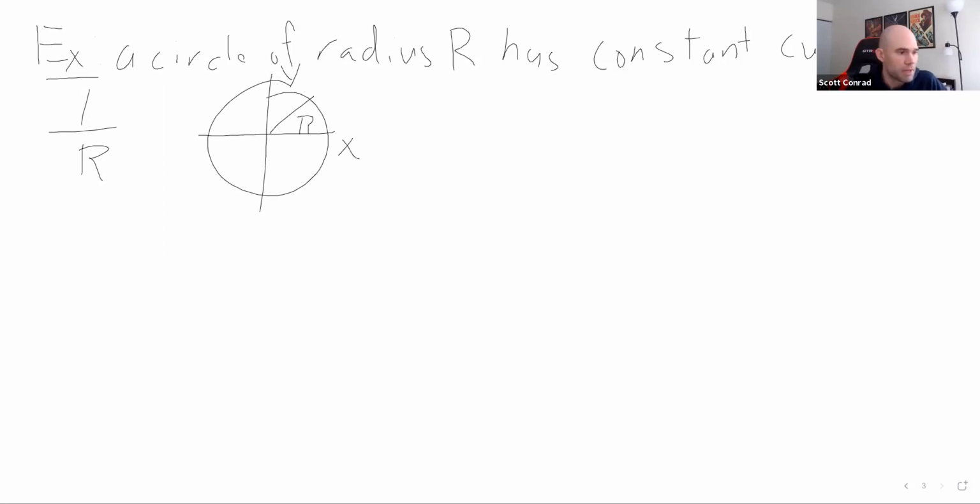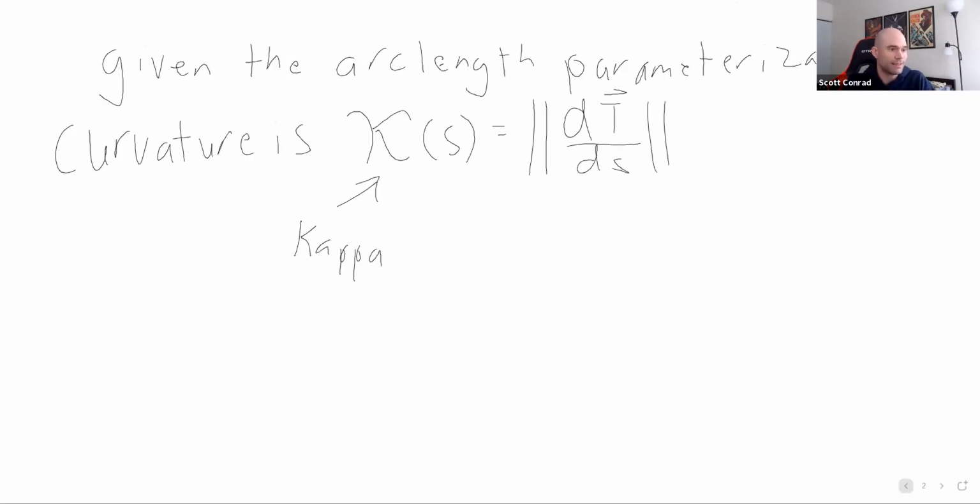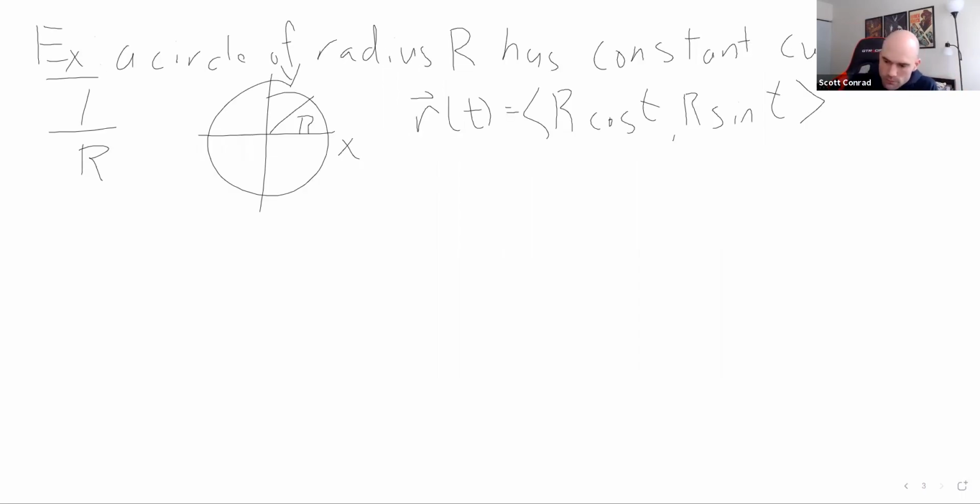We're going to do this in the plane. So we can parameterize this by x is capital R cos t and y is capital R sin t. This is going to parameterize our circle. We'll be going around it counterclockwise, but it won't matter in this case.